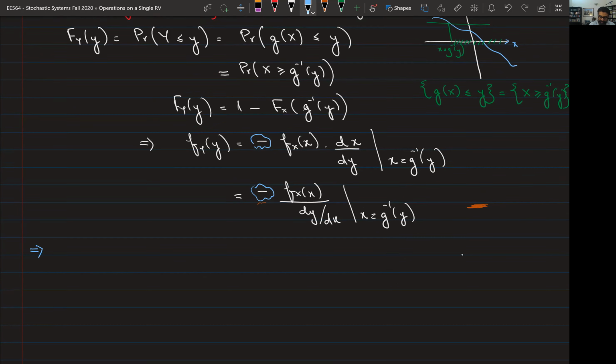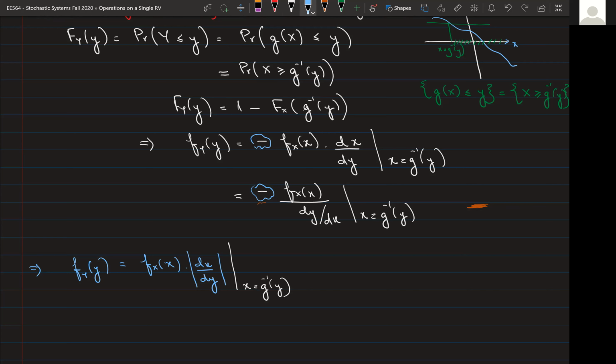So the generalization I can come up with is that fY of y is equal to fX of x times the modulus of dx by dy, evaluated at x equals g inverse.